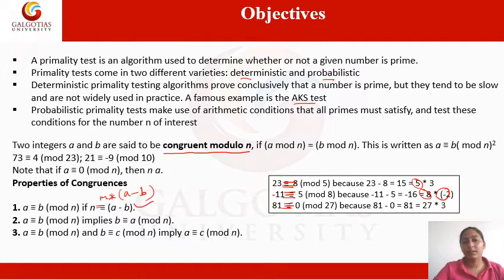Now if A is congruent to B mod n, this implies that B is also congruent to A mod n. This is the symmetric property. And there is one transitive property that also holds here: if A is congruent to B mod n and B is congruent to C mod n, then A is congruent to C mod n.